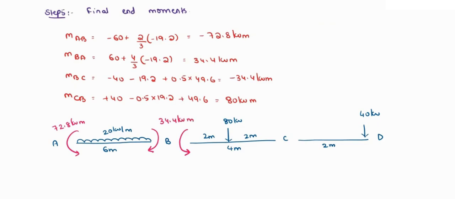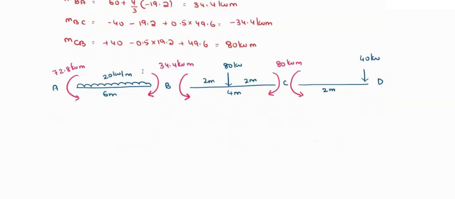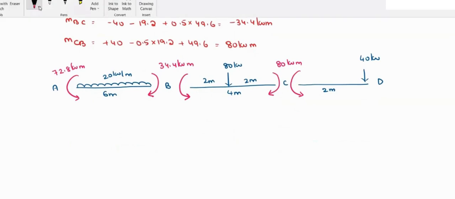And CB you're having positive, that is 80. And CD we have already written. Here you're having a hogging moment, so that is 80 kilonewton meter. So this is the representation of your moment values.